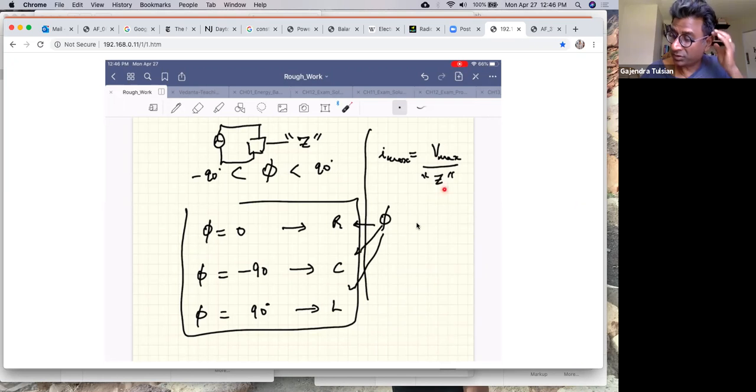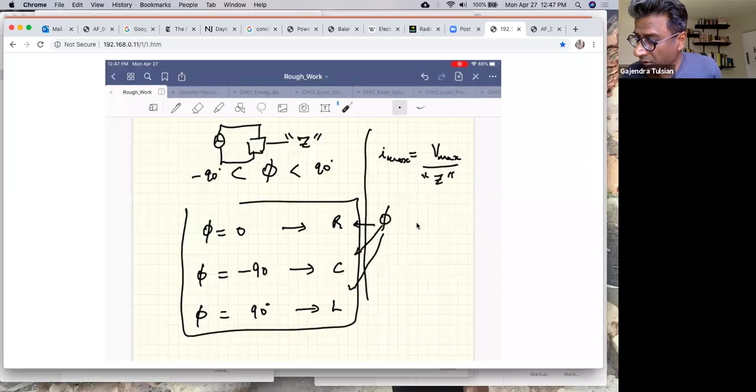The phase shift tells you what kind of circuit it is. If the phase shift is 0, it's purely resistive. If it's minus 90 degrees, it's purely capacitive. If it's plus 90 degrees, it's purely inductive.